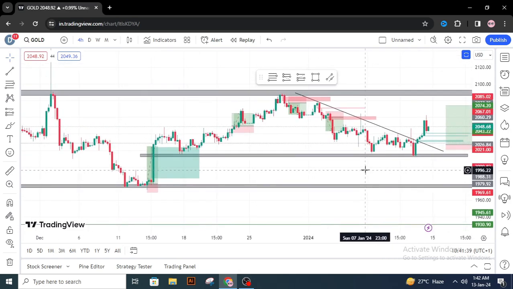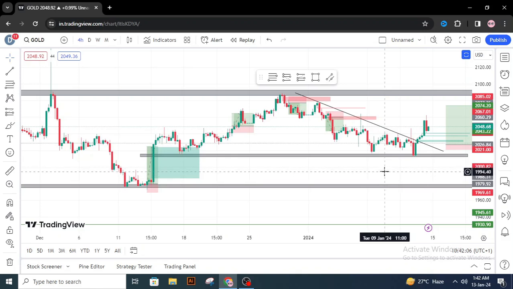The reason is that I want you to understand the overall direction of the market, because it is advisable to trade in the direction of the market. If you want to trade against the trend, you just have to do it quickly and get out. You don't hold such a trade for long because you can easily be knocked out of the trade.